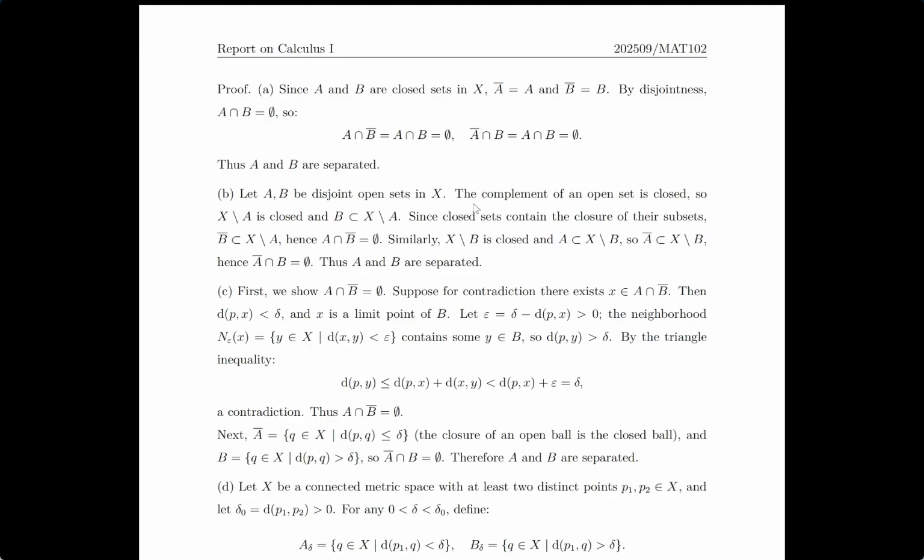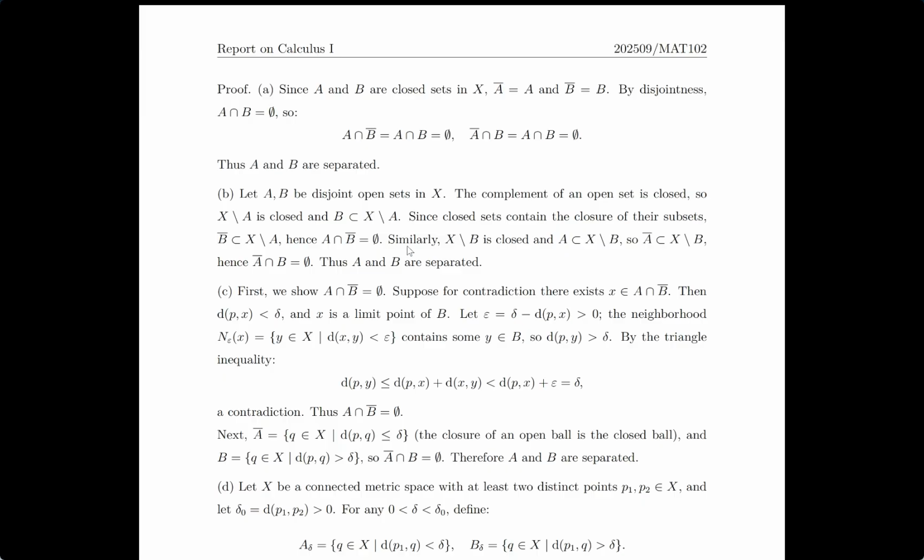We know that the complement of an open set is closed, so X minus A is closed and B belongs to this. And since closed sets contain the closure of their subsets, the closure of B belongs to X minus A, and that A intersects the closure of B is empty.